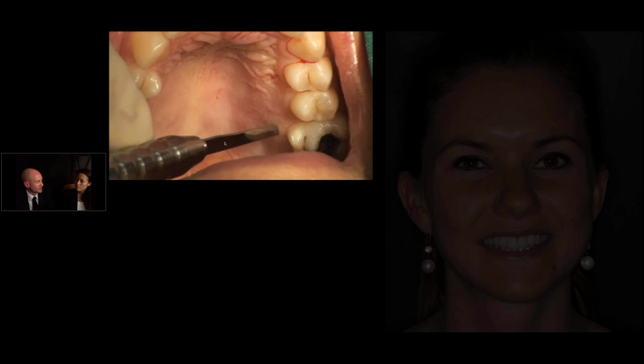If we have an extensive GBR procedure with resorbable membrane, we'll probably wait for about 3 months prior to going for soft tissue grafting. Of course, if you're going to use non-resorbable membrane, then a good time point to go for soft tissue grafting might be when we remove the non-resorbable membrane. So we usually have a healing period of about 6 months.